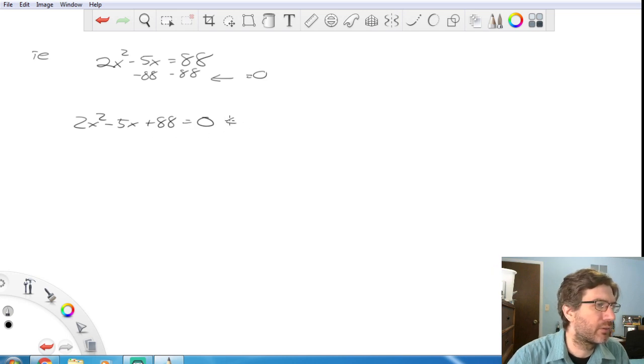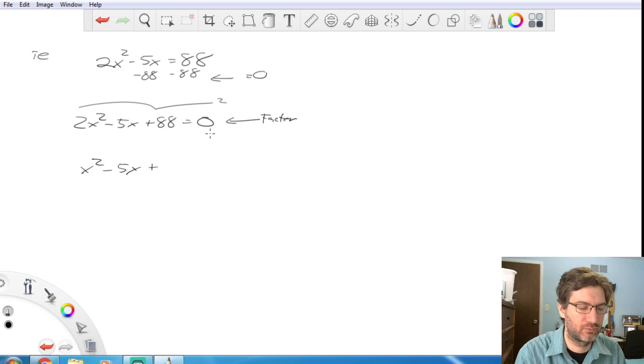We're looking for factors. Here you'll note that we have an a value, so we need to multiply, slide and divide. You get x squared minus 5x plus 2 times 88, which is 176.